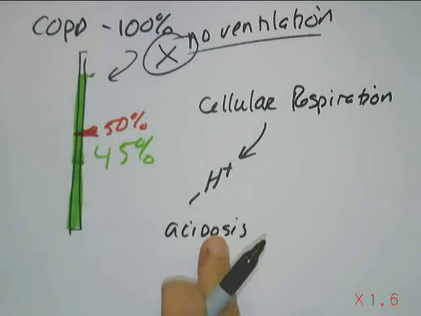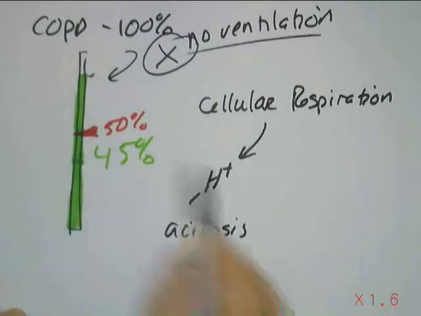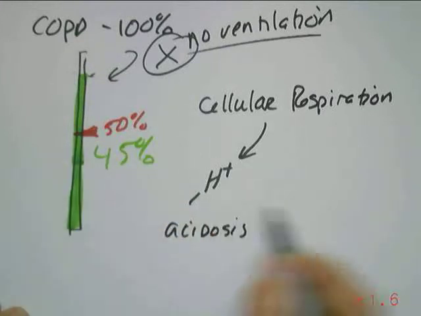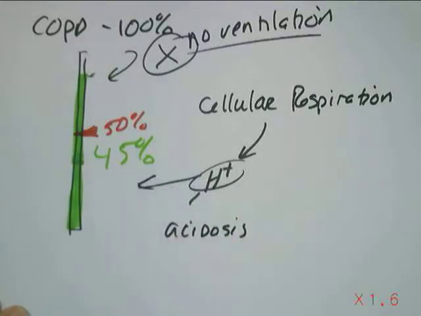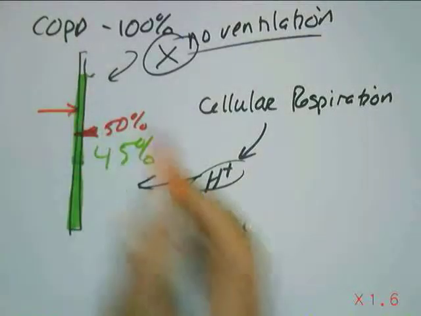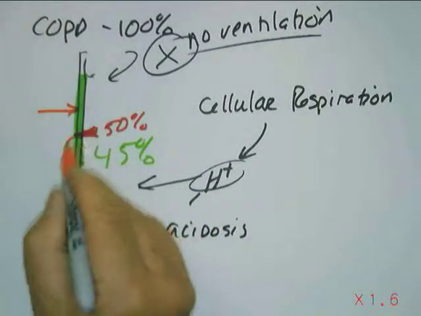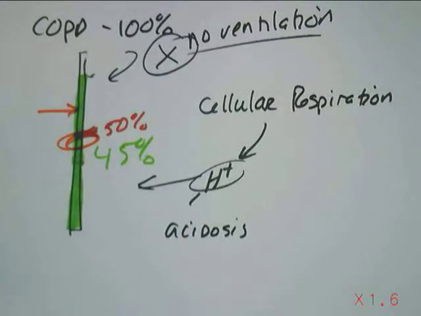Now you have a whole new set of problems on your hands. Because they're no longer breathing, there's no way to blow off carbon dioxide, you can't shift the formula back to the left, and you're now in a state of acidosis. So in this case, for an individual, you probably give them 55-60% oxygen, get up near this area here, and that's all you give them.